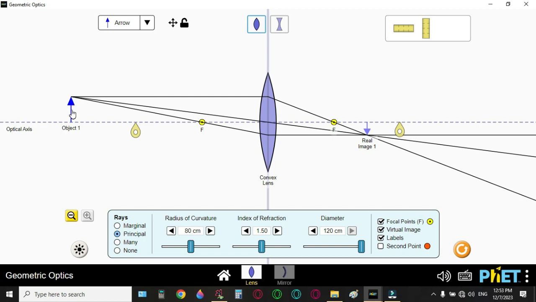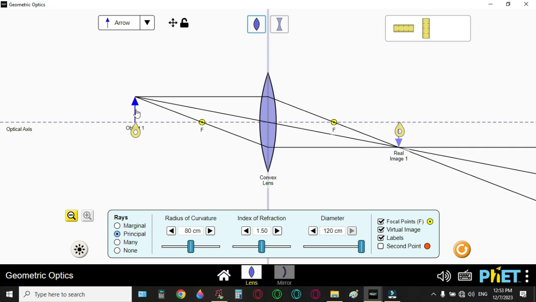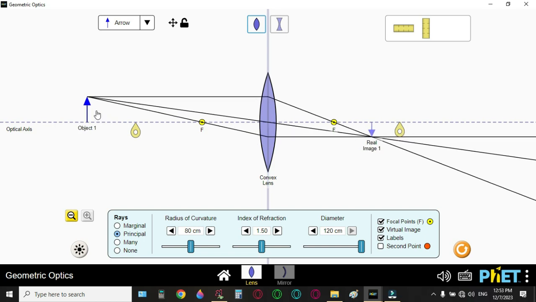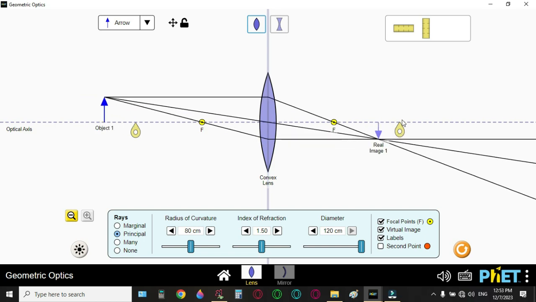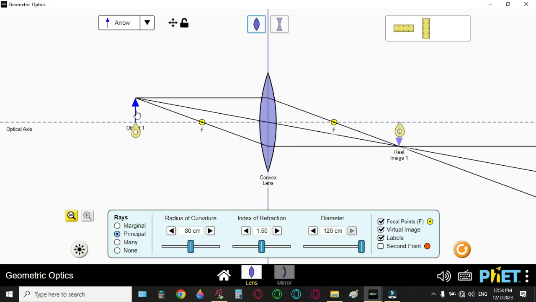Second case, or second possible scenario: if the object is located exactly at the center of curvature. You have noticed that as I move the object towards the center of curvature, the image also moves towards the center of curvature. So that's the second case.